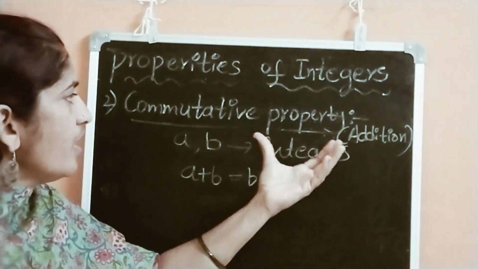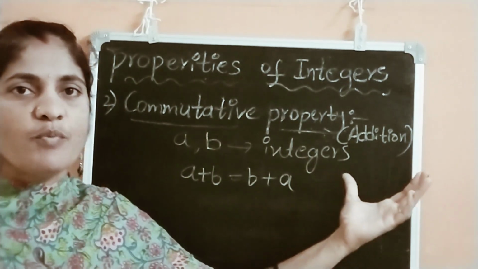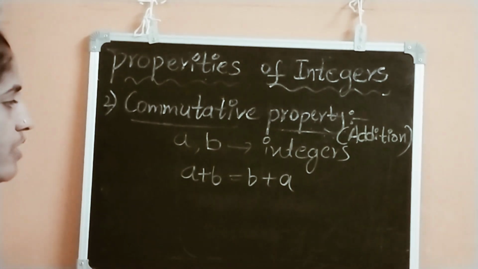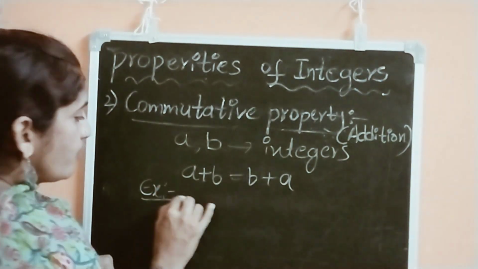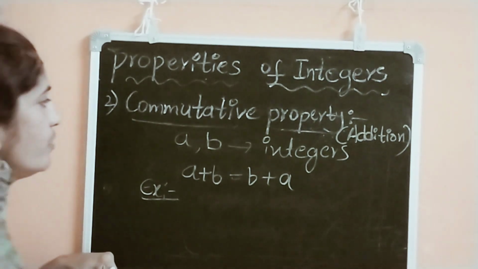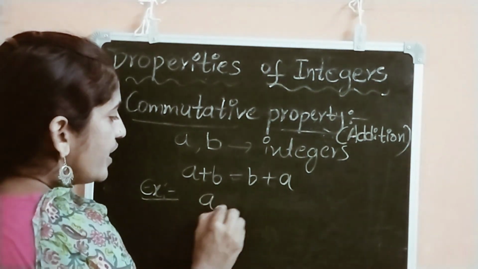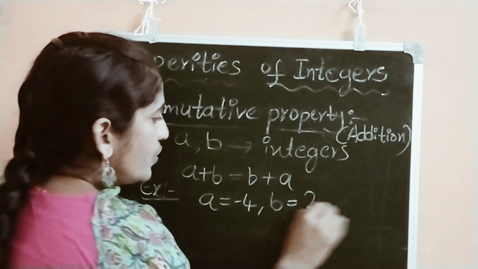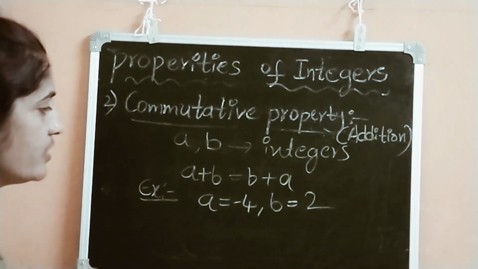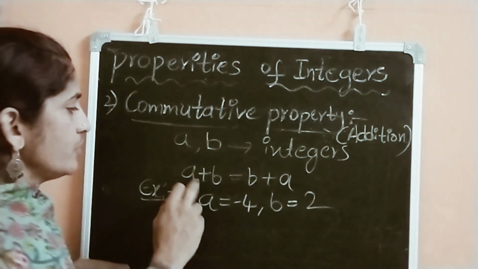So if we take any two integers, for example, a is equal to minus 4, b is equal to 2. You can take any integers, positive or negative.